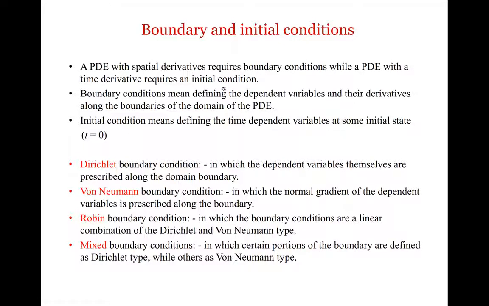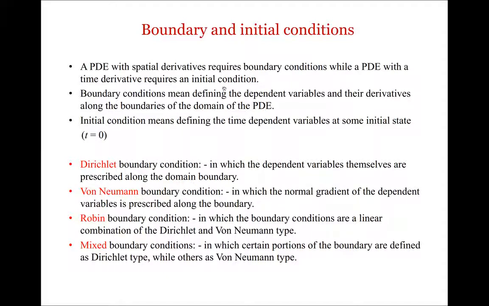Dirichlet boundary condition: the dependent variables themselves are prescribed along the domain boundary. In Von Neumann boundary conditions, the normal gradient of the dependent variables is prescribed along the boundary.